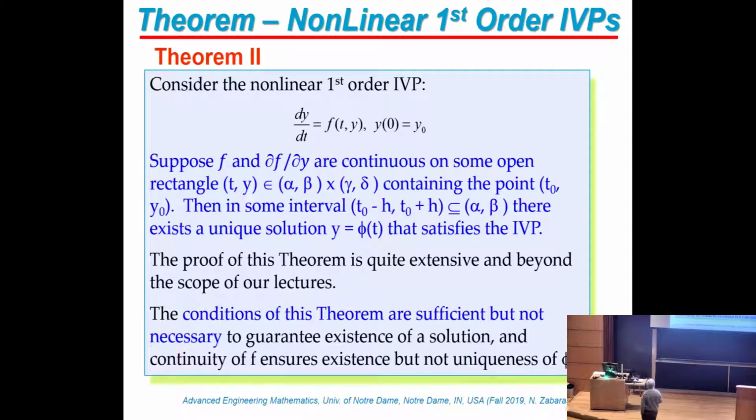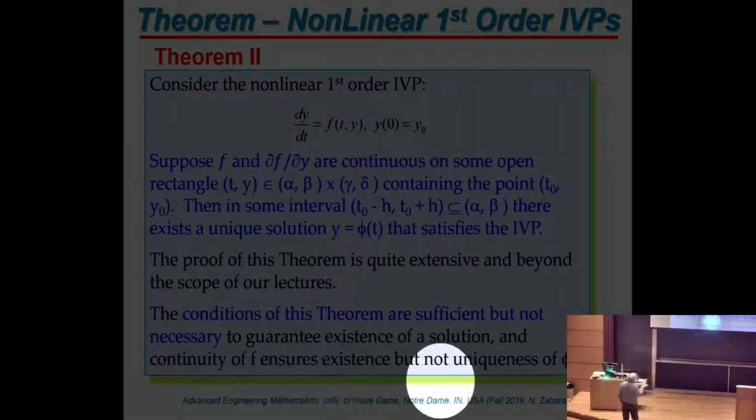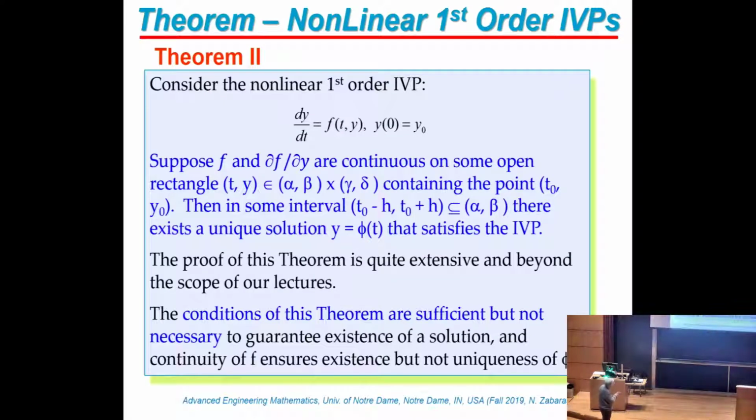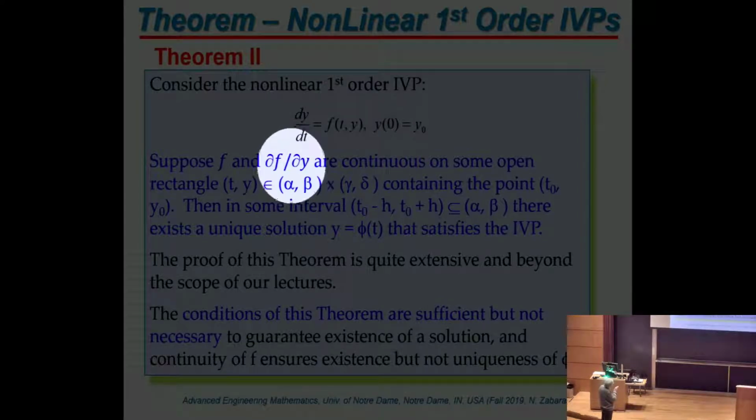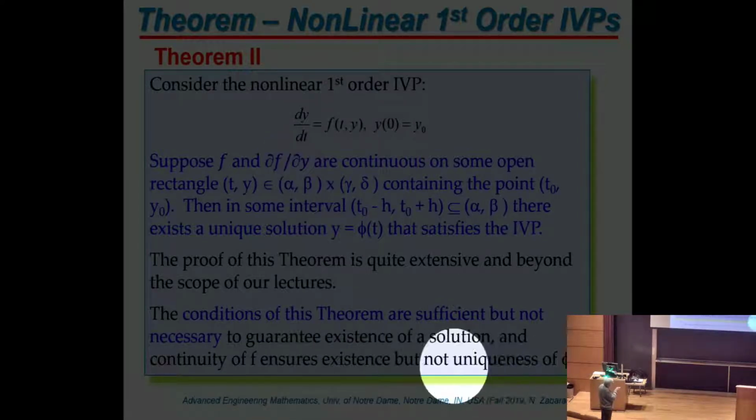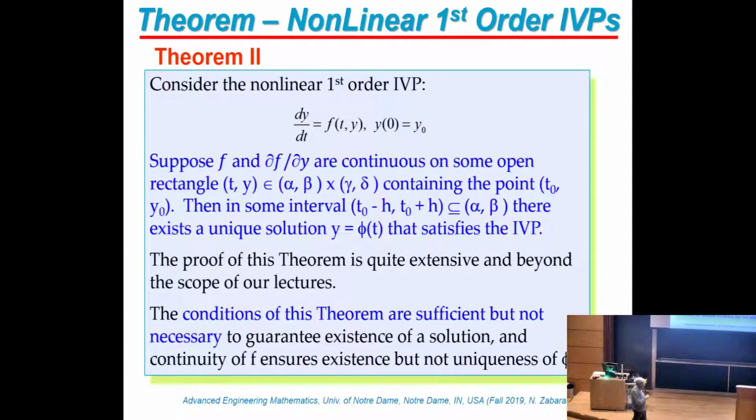So the conditions stated in the theorem are sufficient but not necessary, okay? They're sufficient but not necessary. So for example, if we have continuity of f alone, not of the derivative, this ensures existence of the solution but not uniqueness.